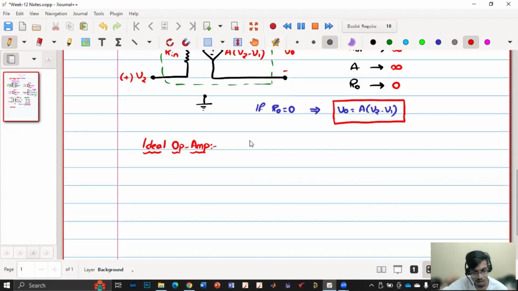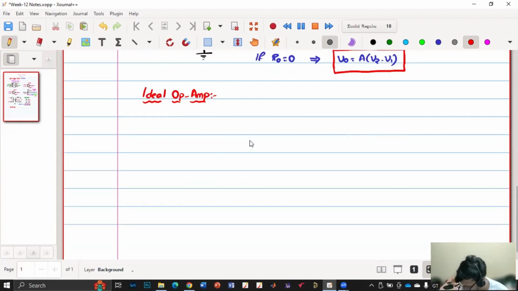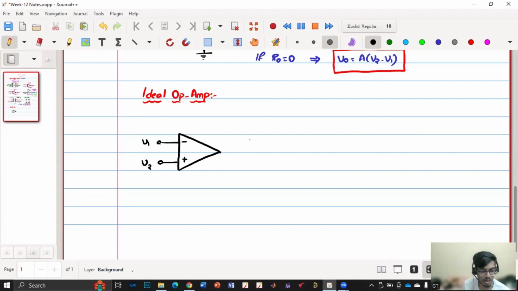Now let us consider one ideal op amp, with minus, plus. This is V1 and this is V2. The power supply I'm not writing, but it is assumed that it has a power supply. So plus VCC, minus VCC, I'm not writing, but it's a good idea if you write. Even if you do not write, it is assumed that it is working like an op amp.